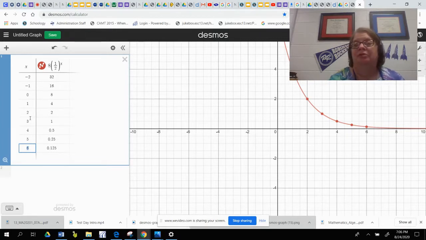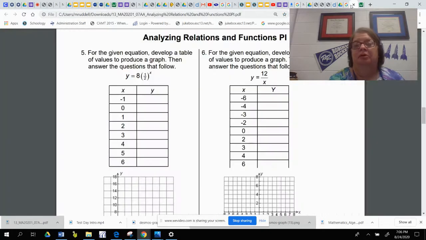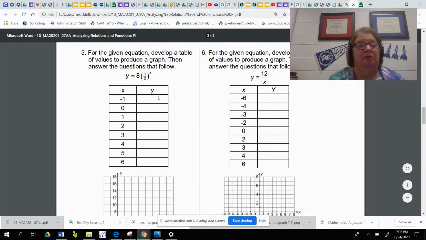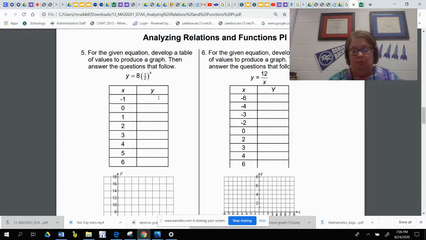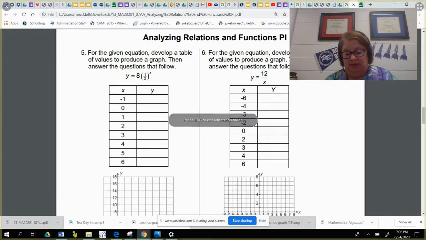Okay, let's go back to our paper. And here's the table. Where x is -1, y was 16. Where x is 0, y was 8.